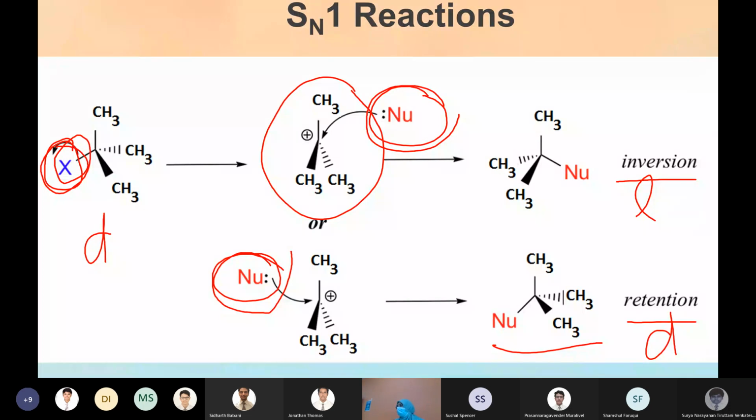But here you have both possibilities. The attack can happen in the same direction of the leaving group or in the opposite direction. So if inversion and retention happen in almost equal percentage, it will lead to the formation of a racemic mixture, right? That's what happens in the SN1 reaction. Yes, it will be a racemic mixture.